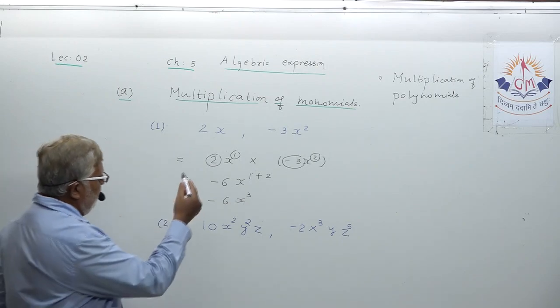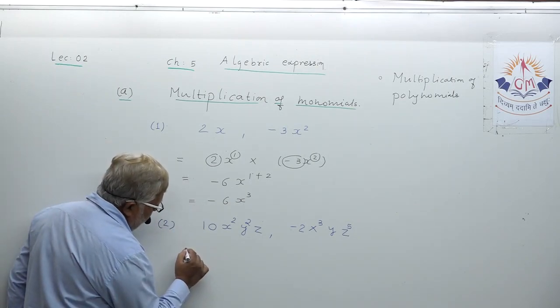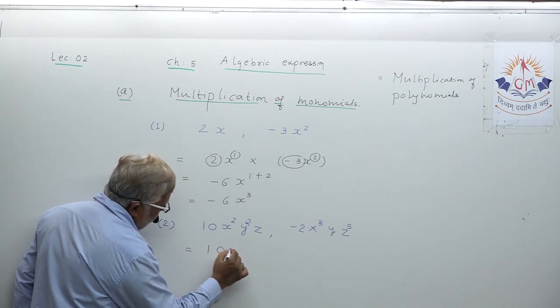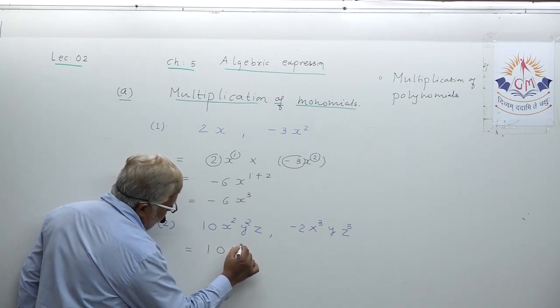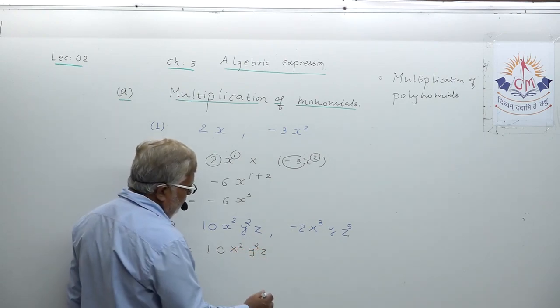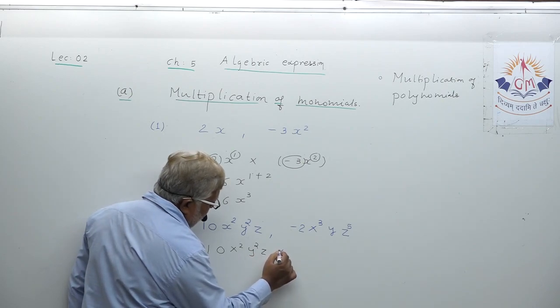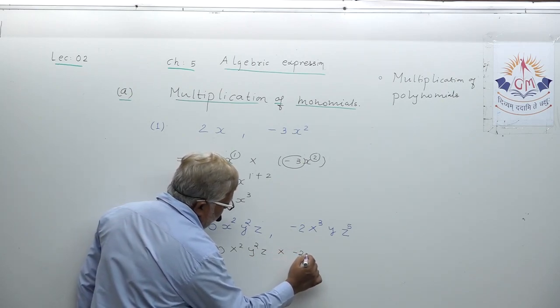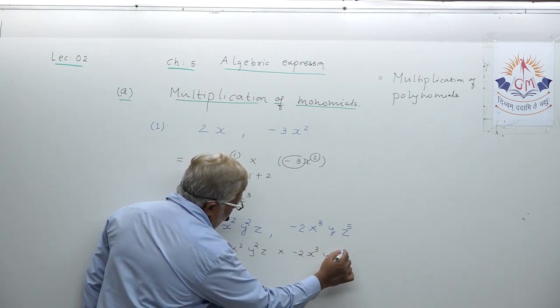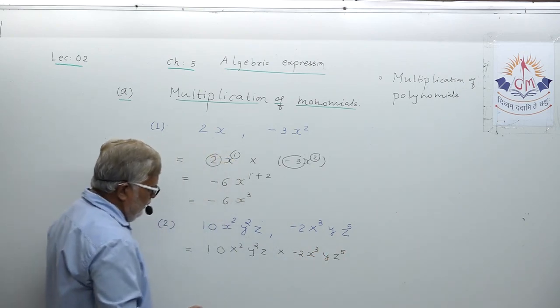So dear student, as we follow the concept, first you write this term. Please write with me. 10x square y square z multiplied by minus 2x cube y z raised to 5.